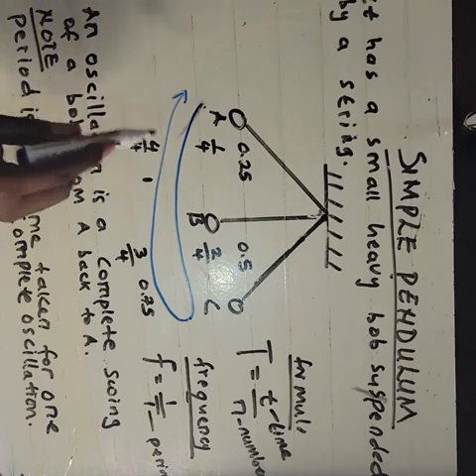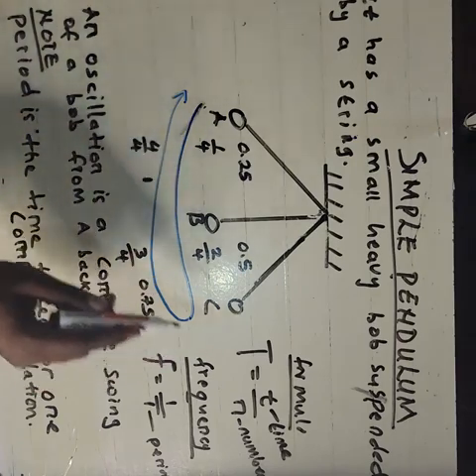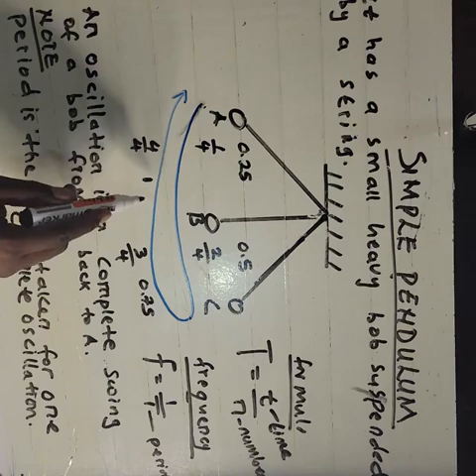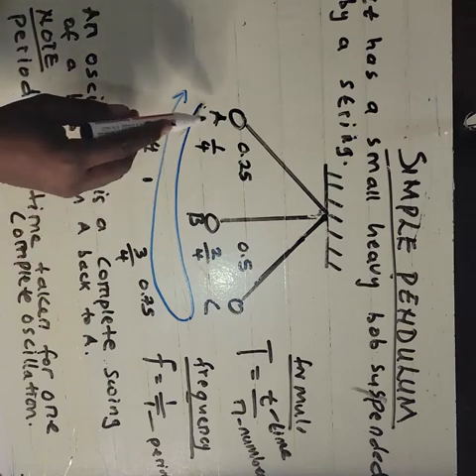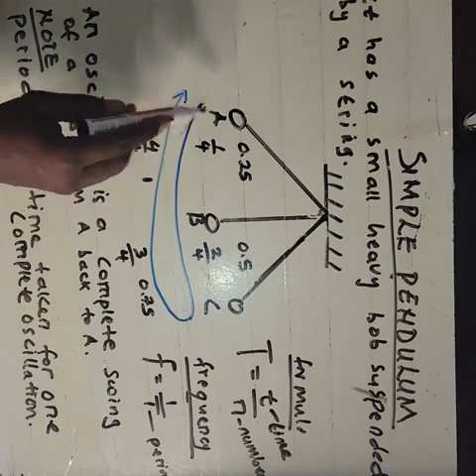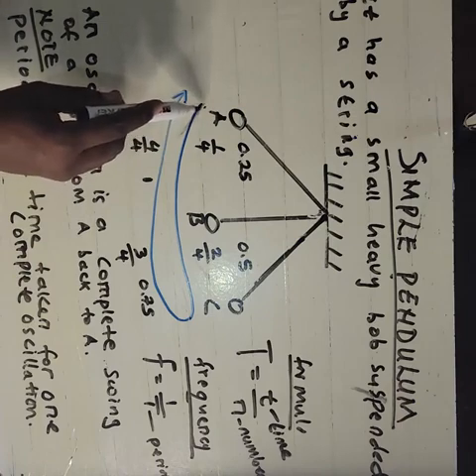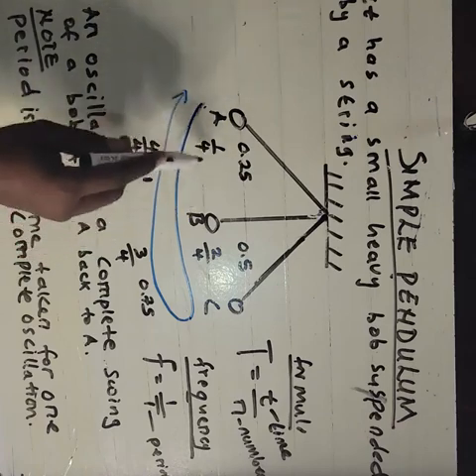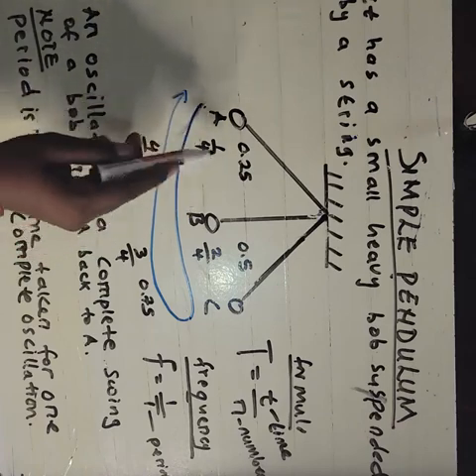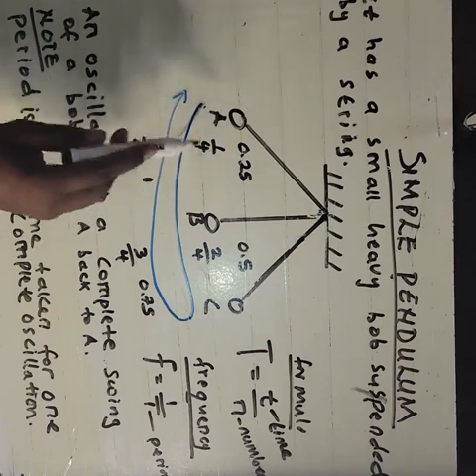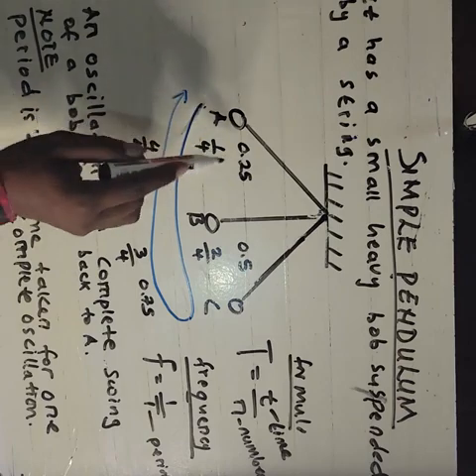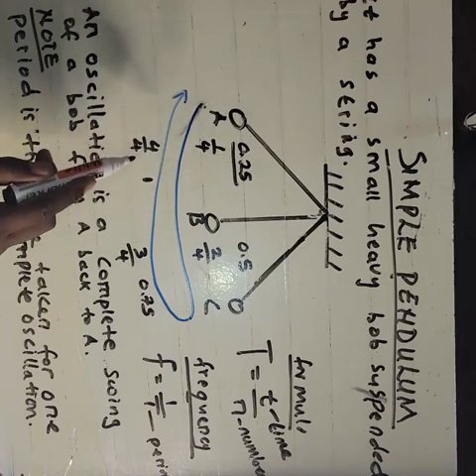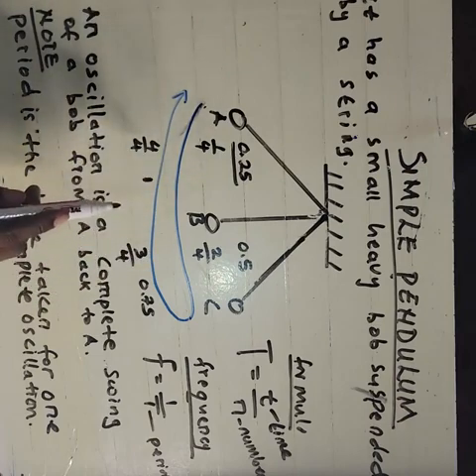Now we need to understand that for the bulb to move from A, B, C, B, A: if the question says the bulb moved from A to B, the number that you are going to get is 1 over 4. When you divide 1 over 4, you are getting 0.25 as the number of oscillations.